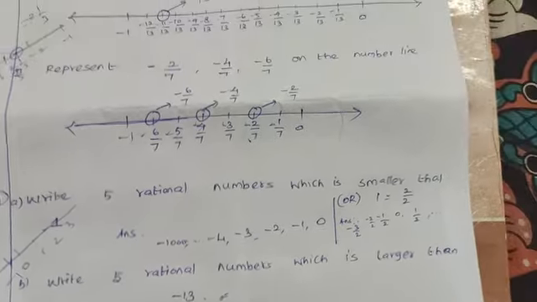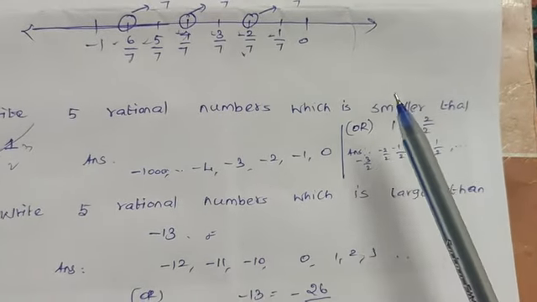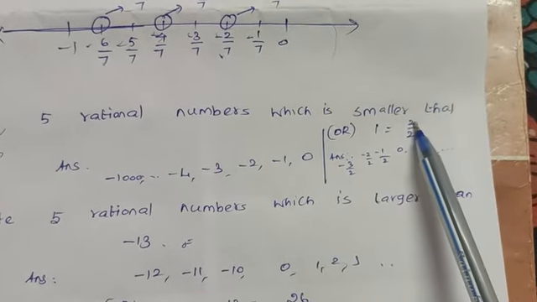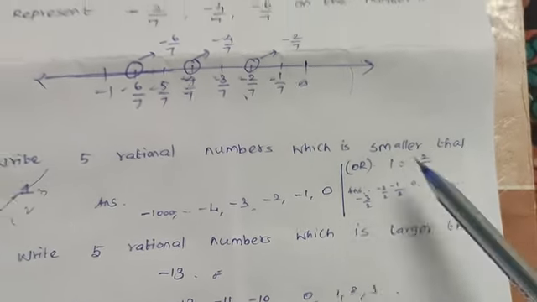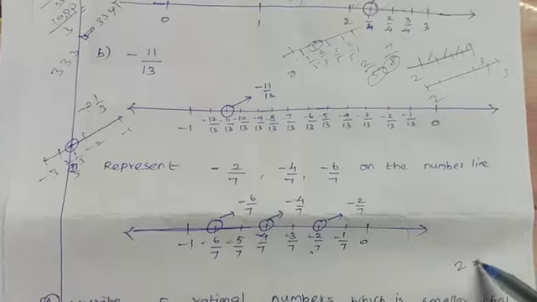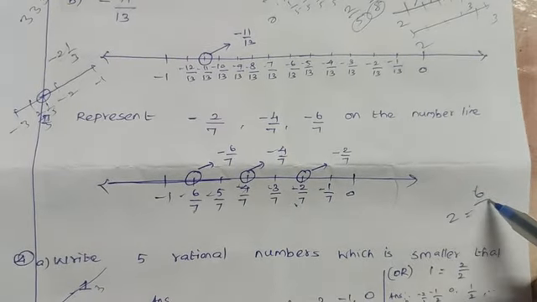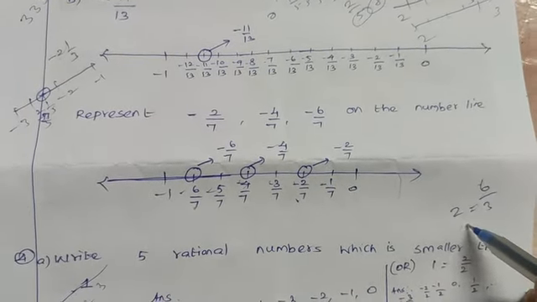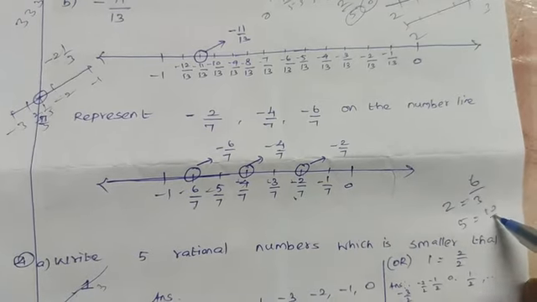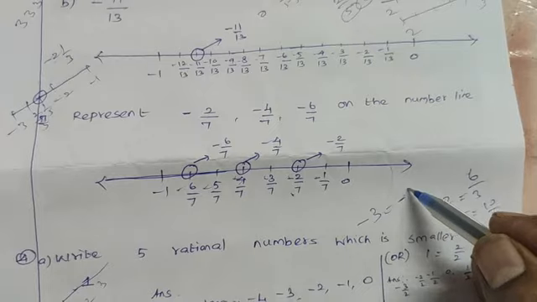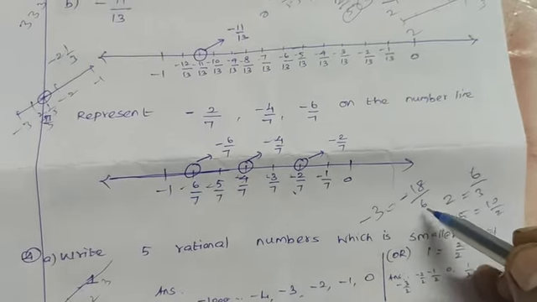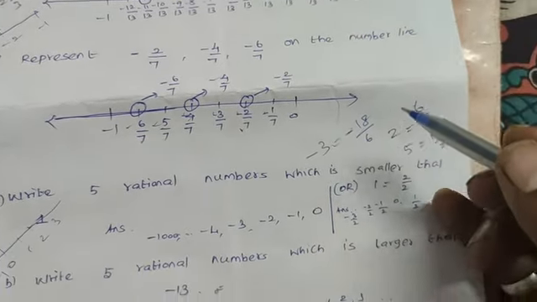Suppose you need to write a fraction. For that we can write numerator and denominator in equal form, 2 by 2, 3 by 3, 4 by 4. Suppose 2 is given, we can write 2 as 6 by 3. Suppose 5 is given, we can write it as 10 by 2. Suppose -3 is given, we can write -18 divided by 6. So like that we can write first.